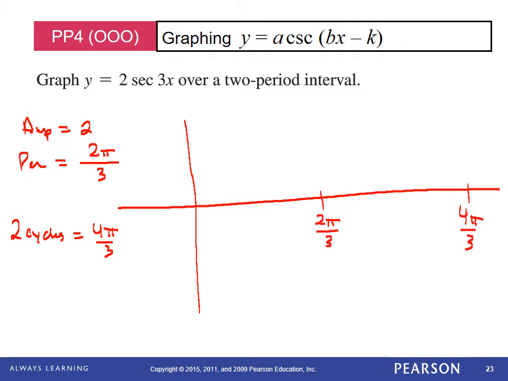Half of that would be pi over 3. Okay, remember this is 2 cycles though. So I want to really break this up into 4 pieces. So there's my 4 pieces for the first cycle. And there's my 4 pieces for my second cycle.